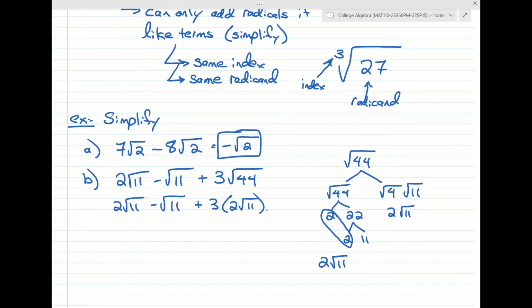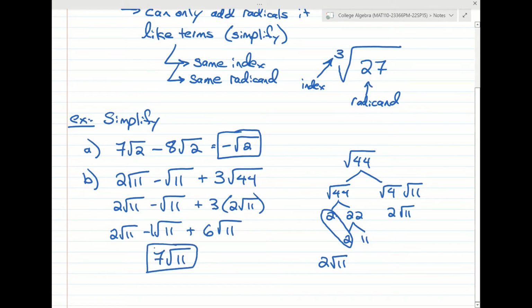So now let's just finish it up. 2 square root of 11 minus square root of 11 plus 6 root 11: 2 minus 1 is 1, 1 plus 6 is 7 square root of 11. That would be the answer.